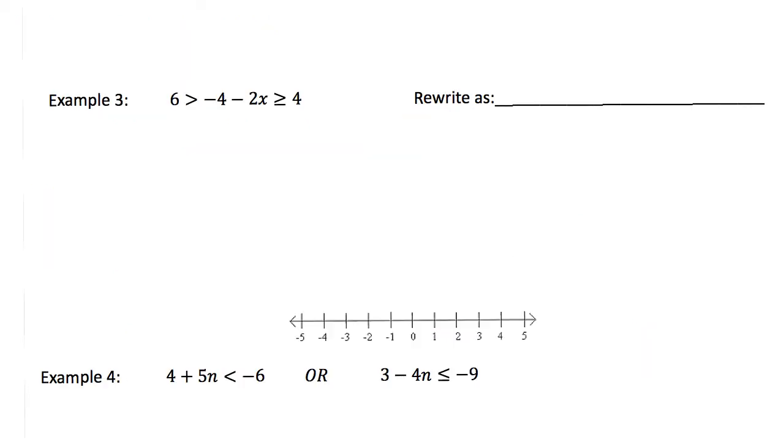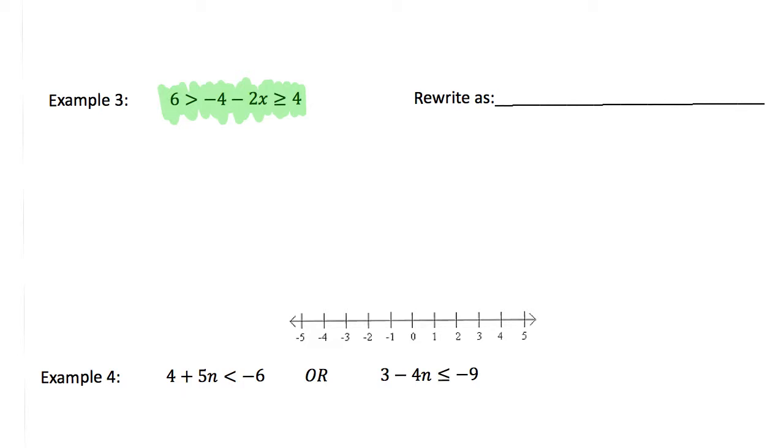Looking at example 3, you see something a little different, right? Something's a little weird. I don't really know if this is an and or an or statement. Anytime you see it written like this, it is really an and statement.